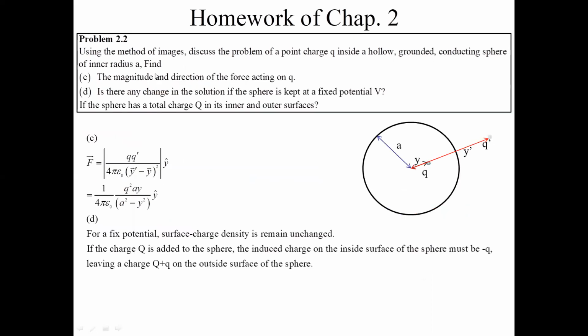And for problem C, we want to calculate the force on the Q. Okay, so we just use Coulomb's law. It's just the force between these two charges, and we can easily get the force as this term.